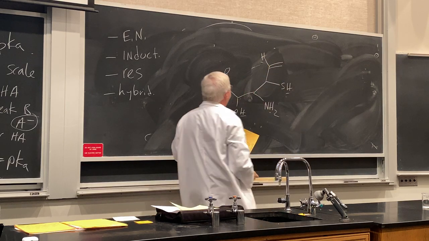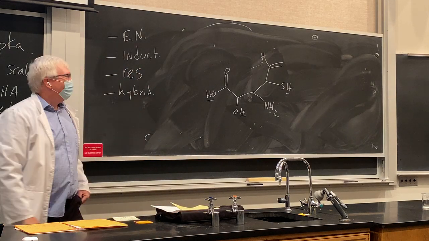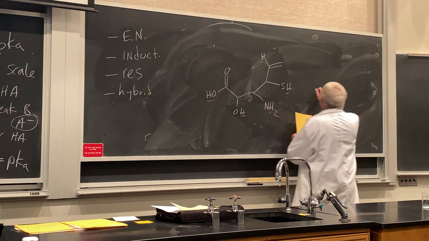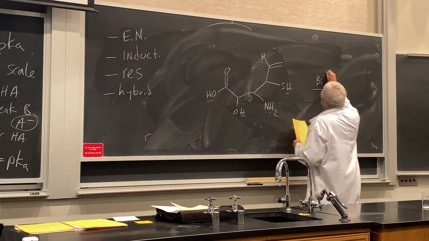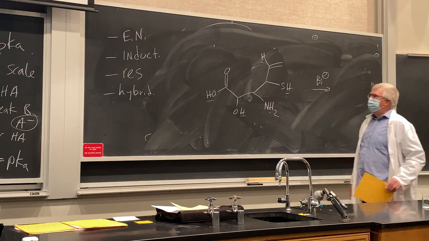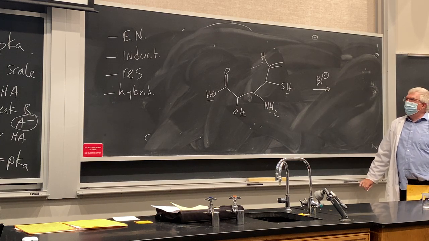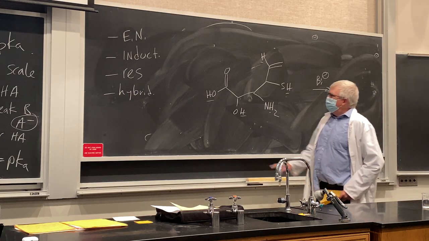So looking at all of those hydrogens as potential acids, let's add a base. Okay? And let's add a super strong base here. And which one will come off first? Let's see. What's the most acidic one here?